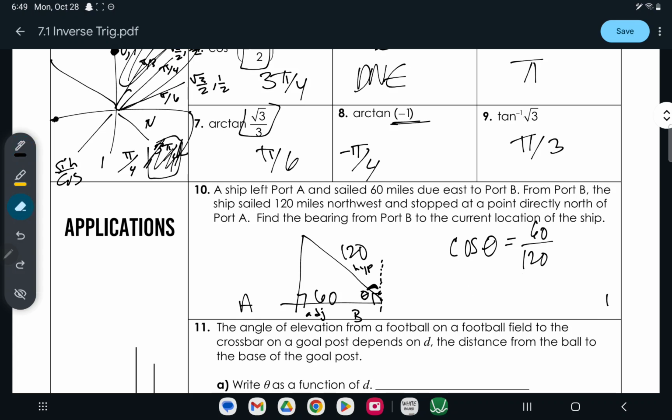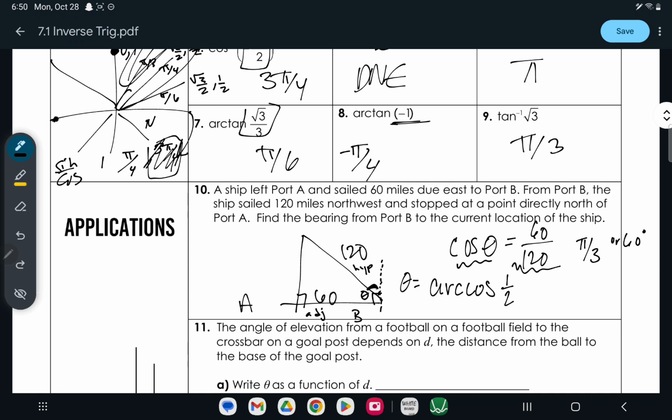I might have to throw that in the calculator. So arc cosine of both sides, with theta as arc cosine of 1/2. Or you can think of cosine, and cosine theta is 1/2 when we have pi over 3 or 60 degrees.